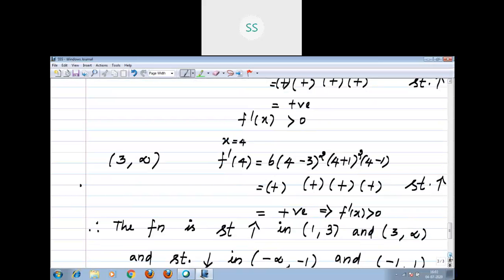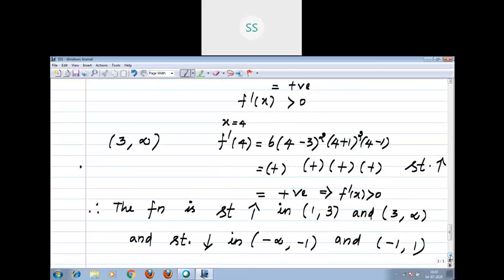Therefore, the function is strictly increasing in 1 comma 3 and 3 comma infinity. You can say the function is strictly increasing in 1 to infinity. That is also possible, but we found the value of x, no, that we have to show. For that purpose, we wrote 1 comma 3 and 3 comma infinity, and strictly decreasing in minus infinity comma minus 1 and minus 1 comma 1.